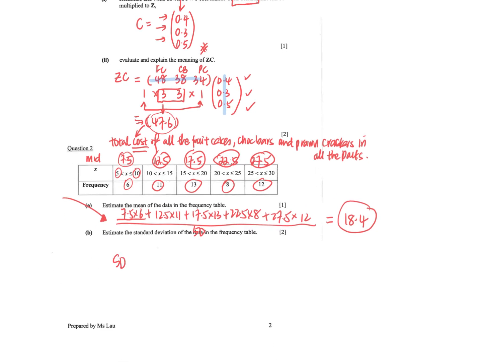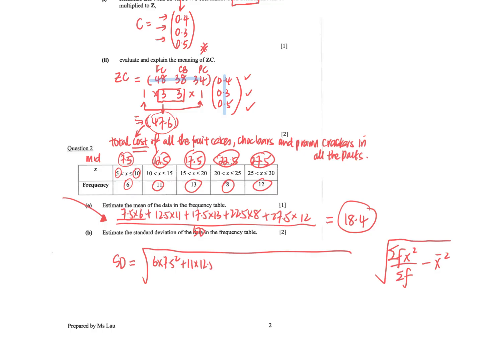Okay, standard deviation, technically, if you look at the formula in front, is this. Right? So it's just frequency times x squared. And you sum up all the frequency times x squared. So this is emergency in case you forget your formula.